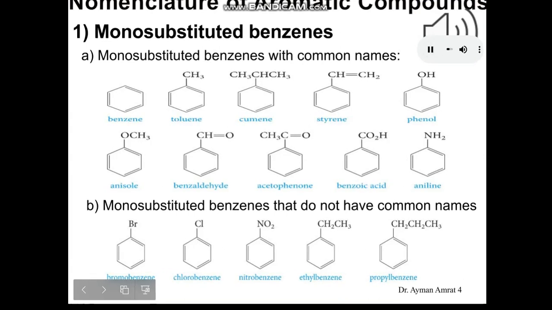Nomenclature of aromatic compounds. First, mono-substituted benzene means benzene with 1 substituent. Some mono-substituted benzenes have common names.